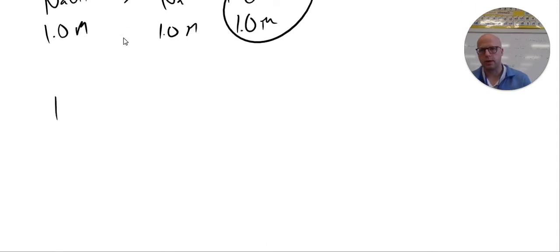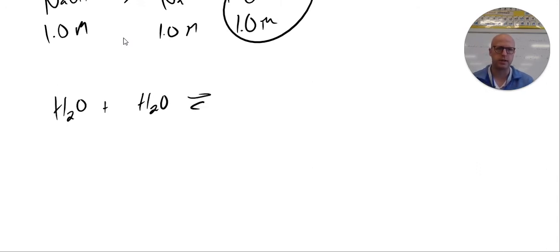Well, water is special in that it's amphoteric, or it reacts with itself, or self-ionizes. It also acts as an acid or a base. So when water is with itself, it undergoes this reaction at equilibrium. This would be liquid, this is aqueous.